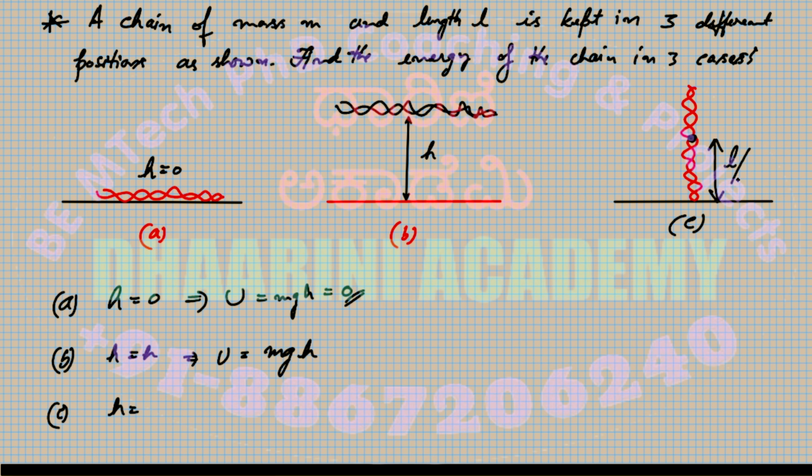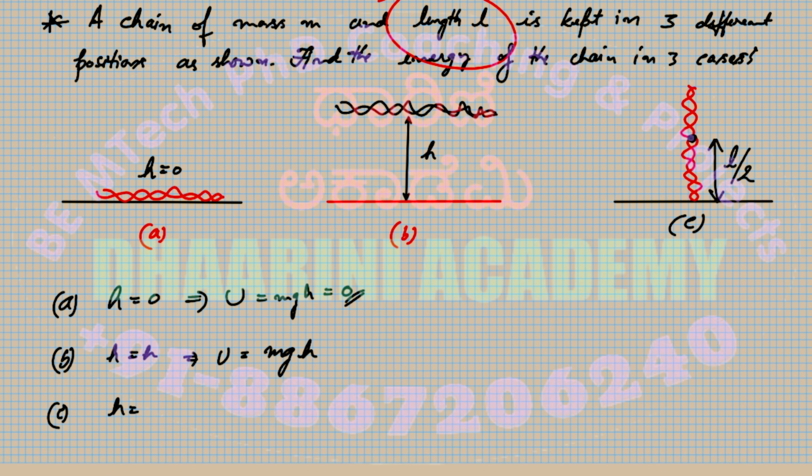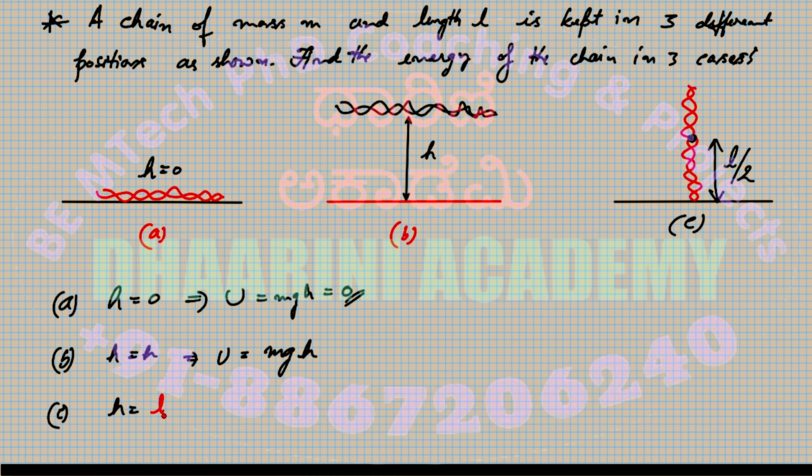That will be L by 2. So h is equal to L by 2. So this implies U is equal to m g L by 2. Half mgL is the answer.